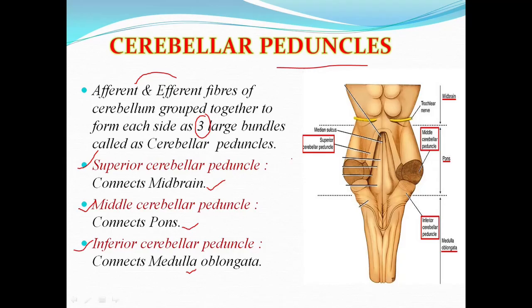And when you studied the medulla oblongata, on either side you studied the ICP, the inferior cerebellar peduncle. This is how the three large bundles carry both afferent and efferent fibers connecting the brainstem and the cerebellum.